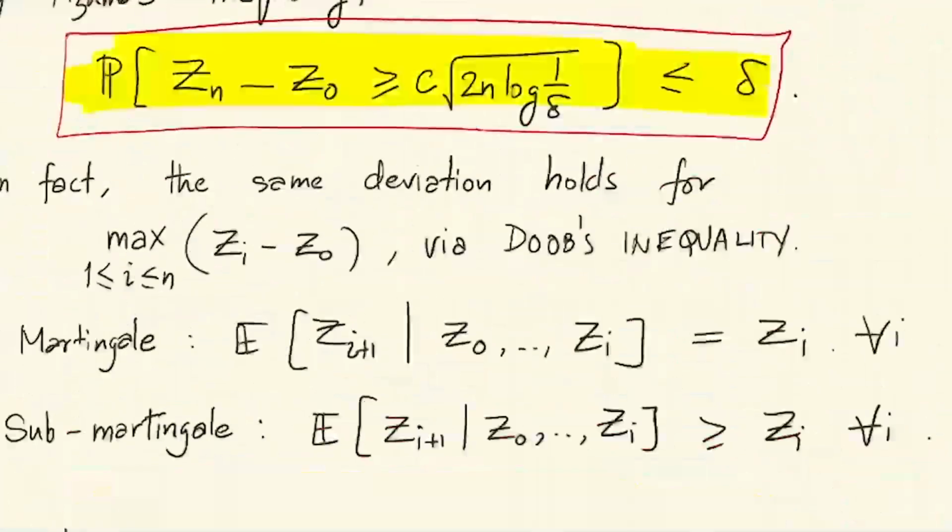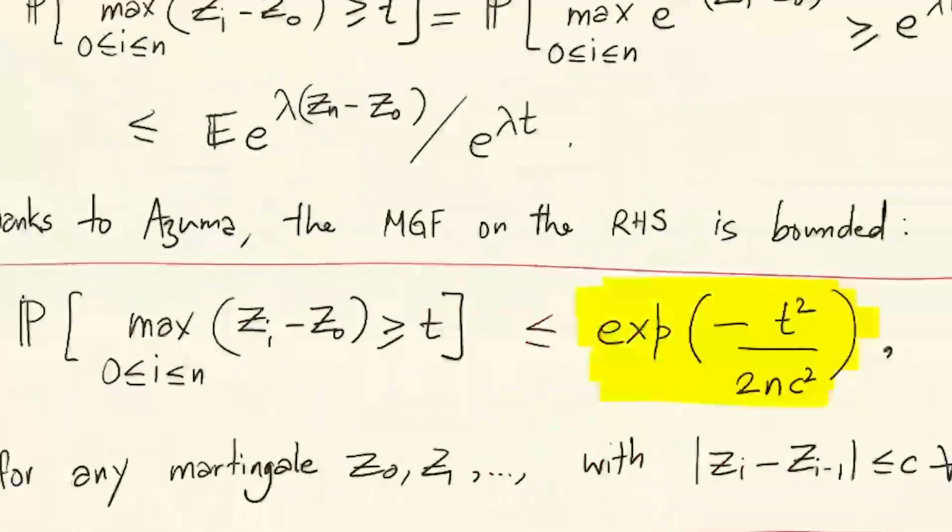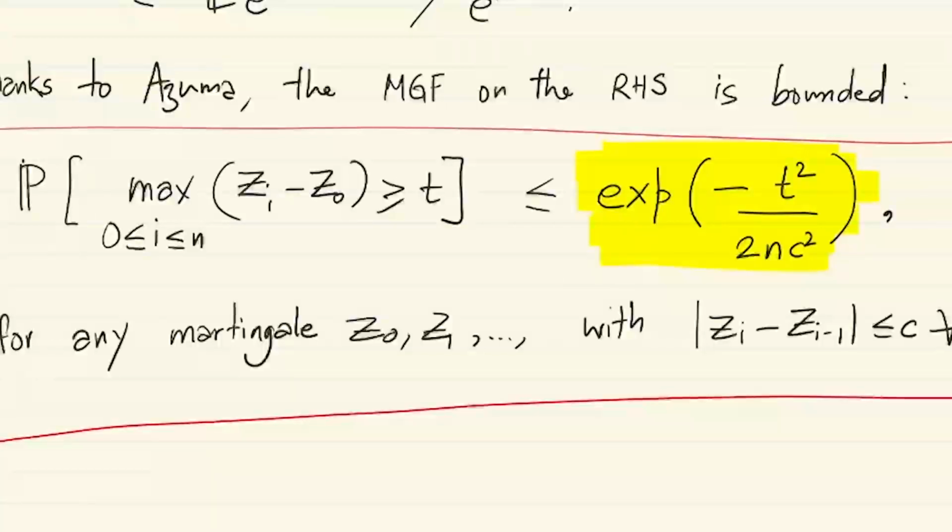So that's what this entire technique is. The appropriate sub-Gaussian nature of the tail is what Azuma's inequality brings out, and in conjunction with Doob's inequality, this helps you control uniformly the deviations of a martingale along its entire sample path.